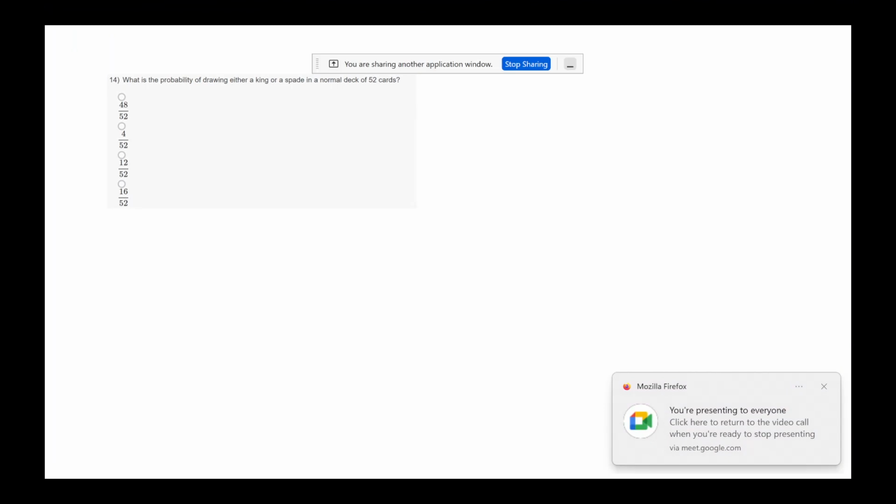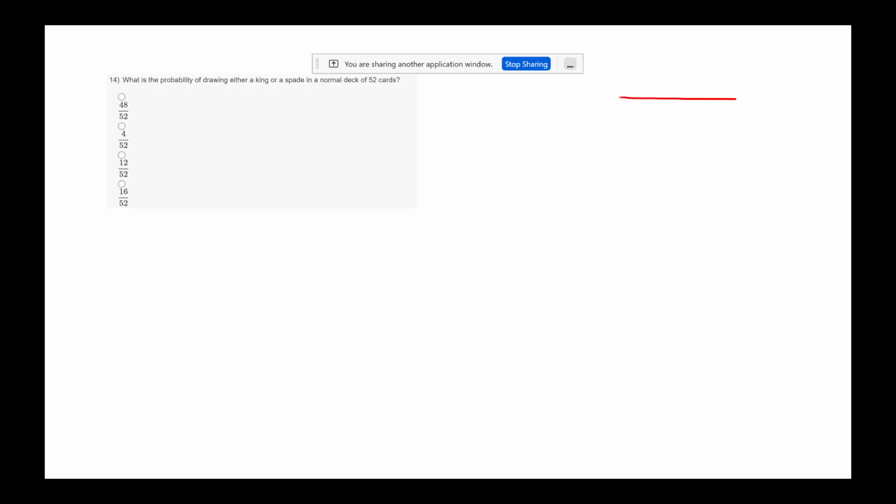Either-or means union. Is there any intersection between king and spade? Of course, there can be a king of spade, which means the card will be a spade, but it will be the king of spade.